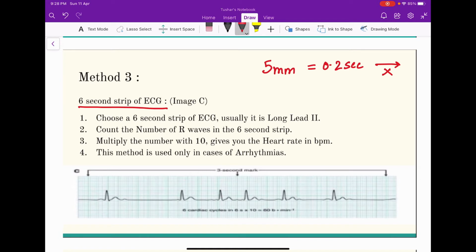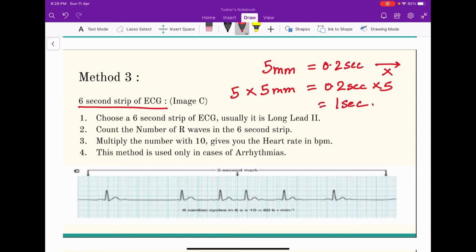So if I add up 5 large boxes, the total time that I will get is 0.2 seconds into 5. That will be 1 second.